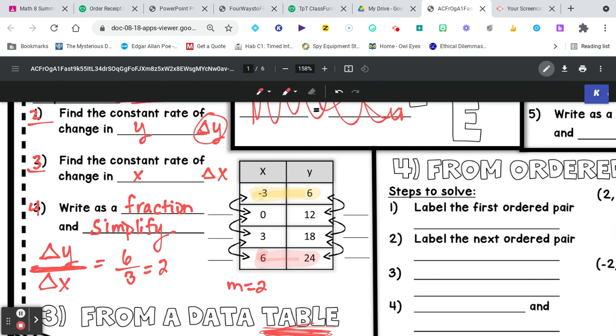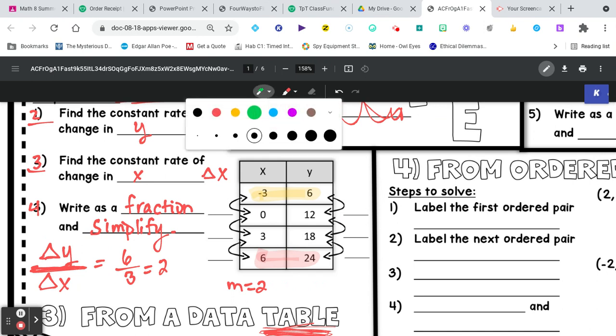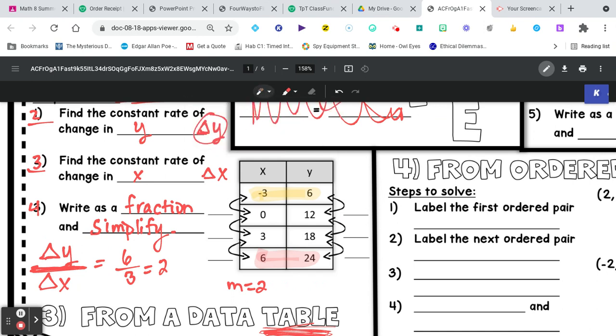Doesn't matter what 2, just pick 2, okay? So now you're going to ask yourself, what am I doing to 6 to get to 24? Well, you're adding 18. So in this particular case, the change in y would be 18.